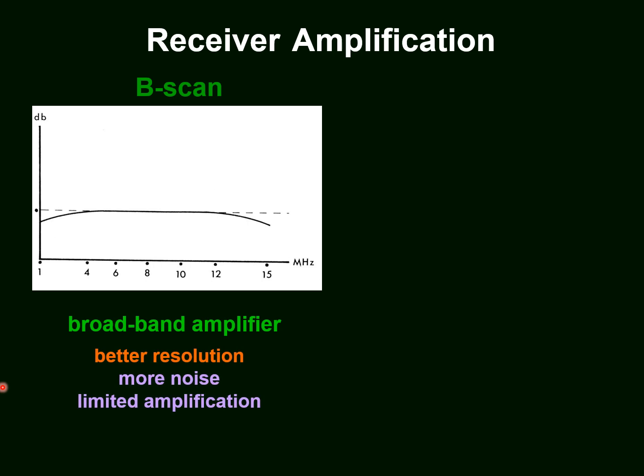Why do we use this? Because it gives us a much better lateral resolution that is needed in B-scan. But the broadband amplification also introduces more noise, and that limits our amplification possibilities.